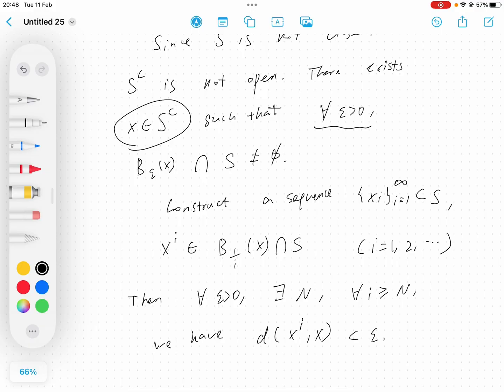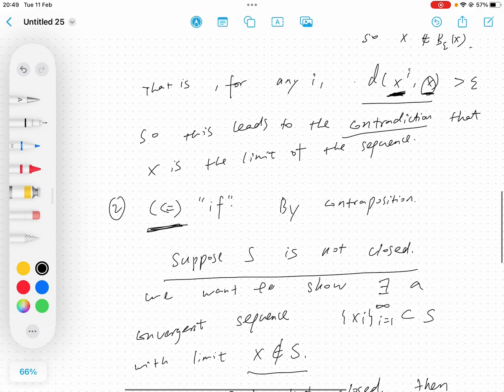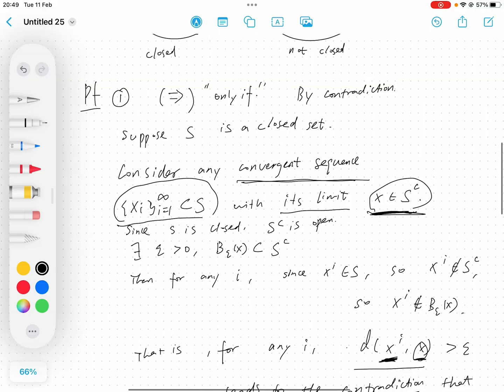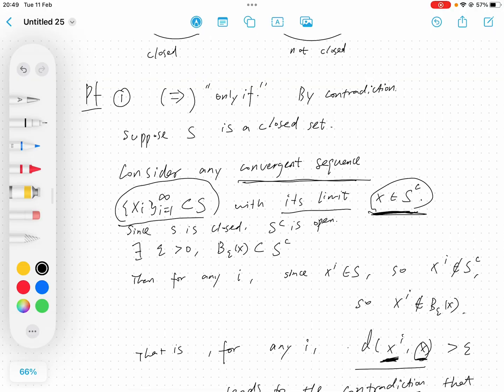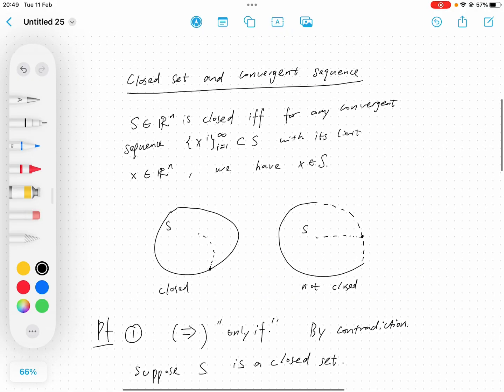Good, so we have shown both directions of the statement, where we use this convergent sequence to define the closed sets. But actually this is more like a proposition that we can prove. That'll be everything for this episode. Good.